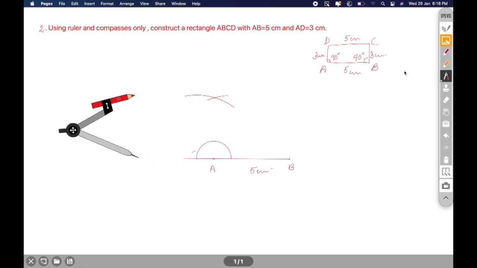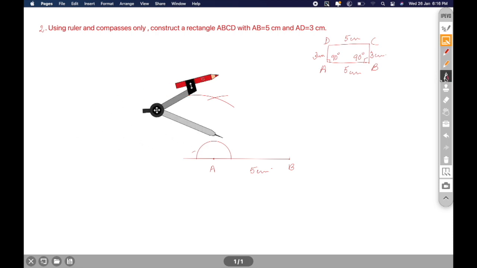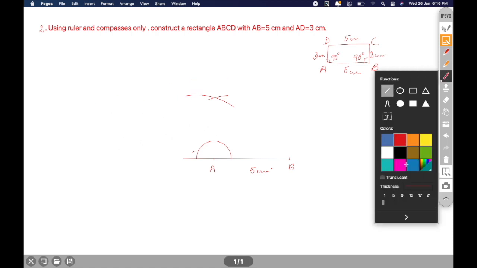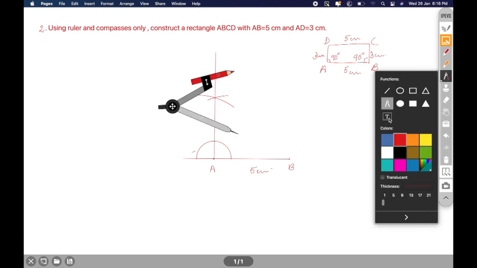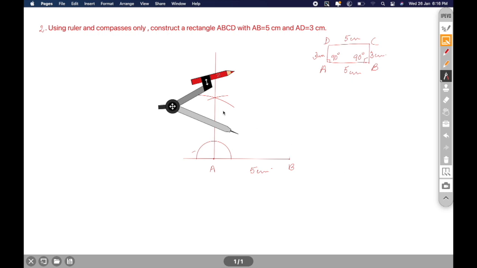So this point of intersection of the two arcs are to be joined with a ruler with the point A. So we have constructed 90 degrees here. Now let me extend this line. Now with the help of a compass, we have to measure 3 centimeters.